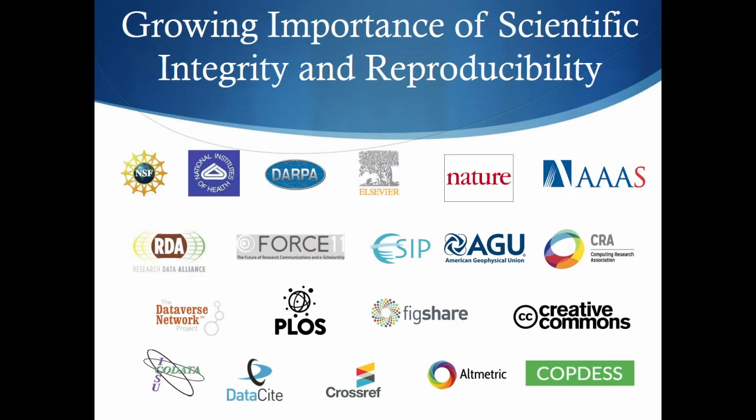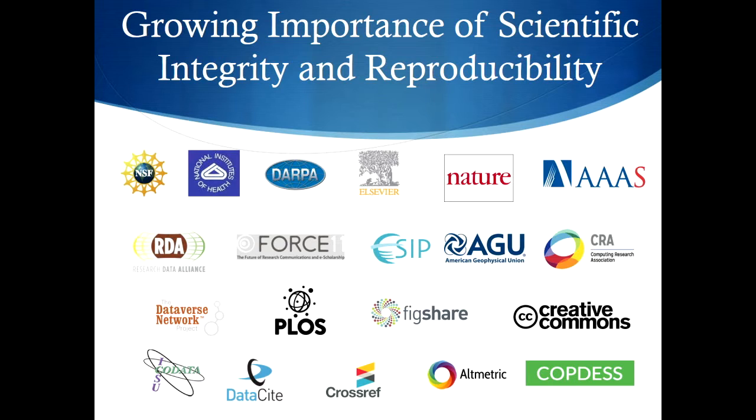Not just agencies, but the scientific community is also acknowledging integrity and reproducibility as very important. So from the government to publishers, but also scientific associations. There are new community groups like the Research Data Alliance, Force 11. There's also a lot of new efforts to save data.